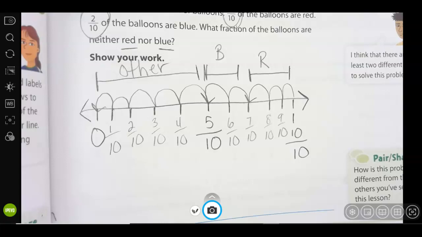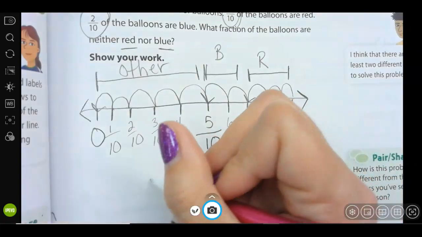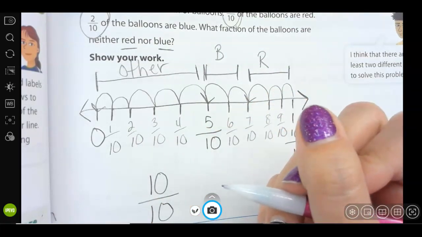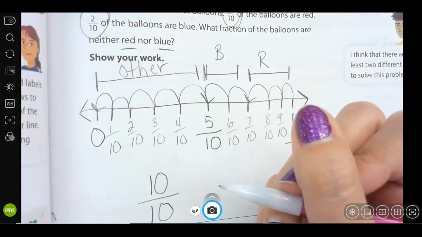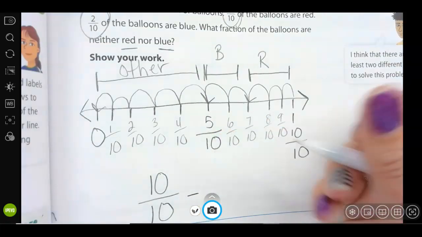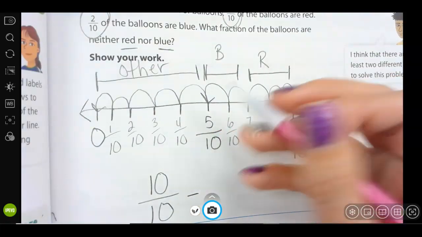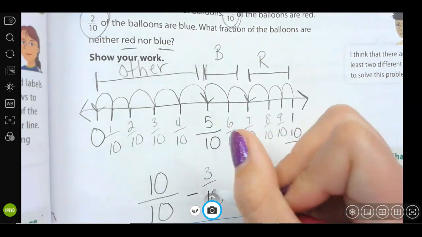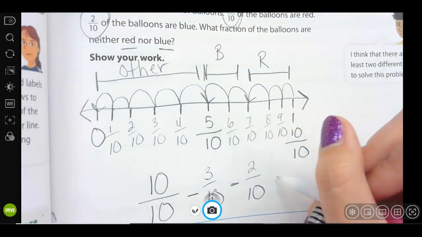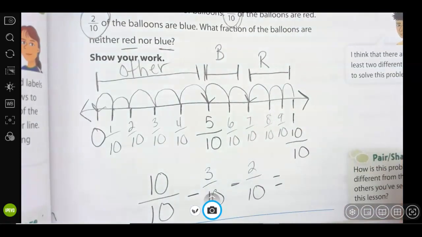Okay. Let's write our equation. We're going to start with 10/10. We can subtract 3/10, and we could subtract 2/10 and find what we have left.